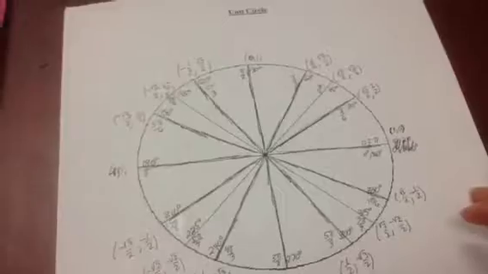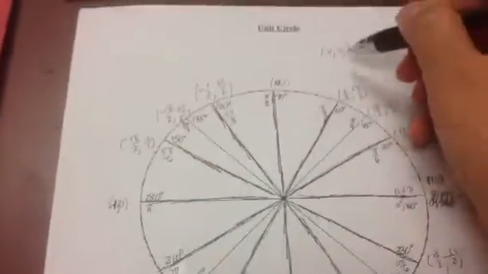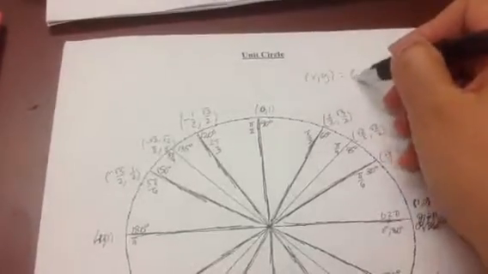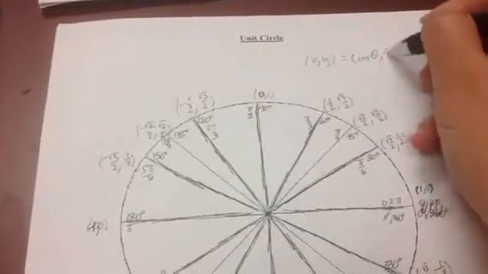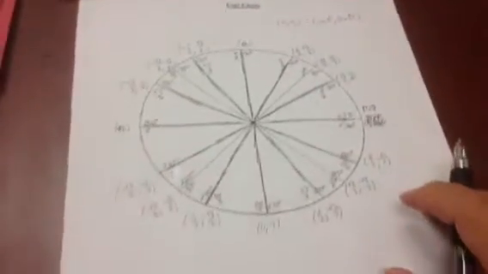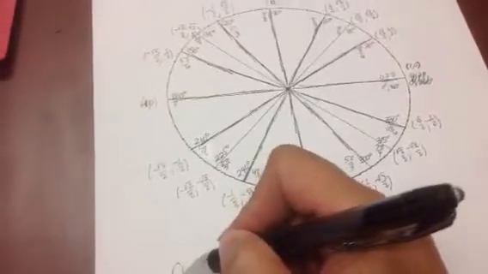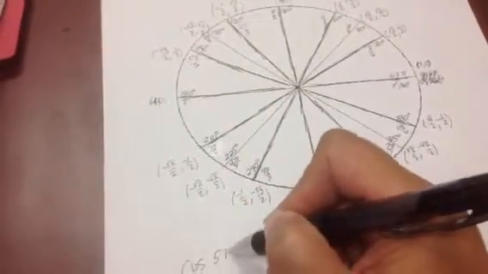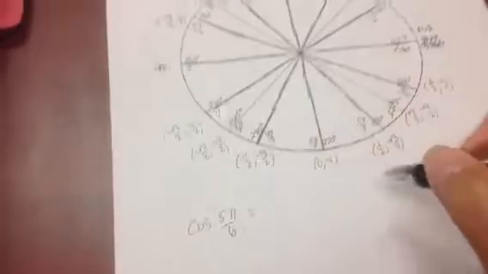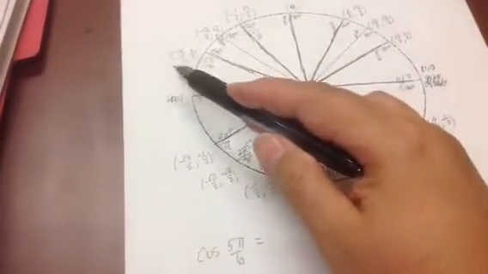Now all of these points, x comma y points, are cosine theta, sine theta. So now you can just use the circle to find any of these values. If you want to find the cosine of 5 pi over 6, you just look up here and find 5 pi over 6.